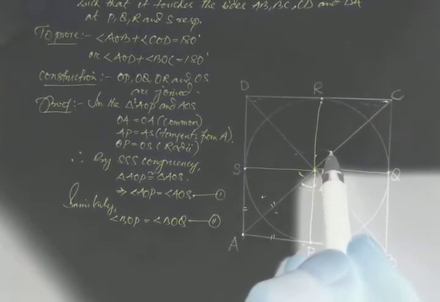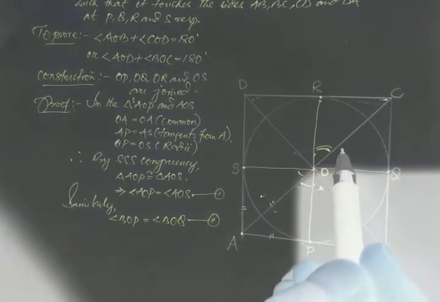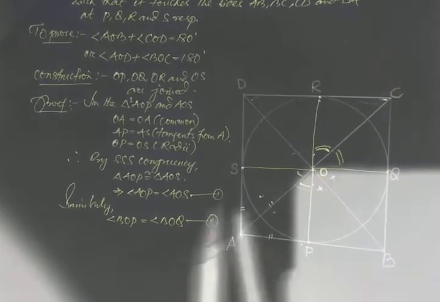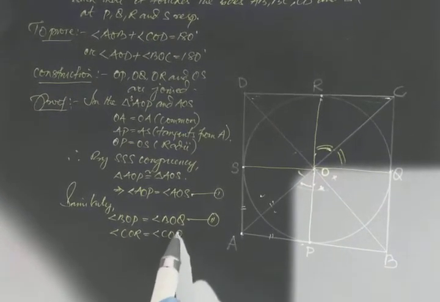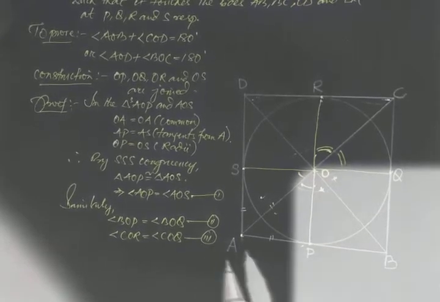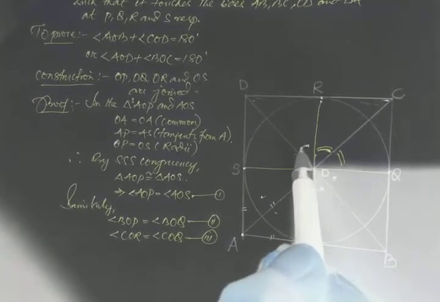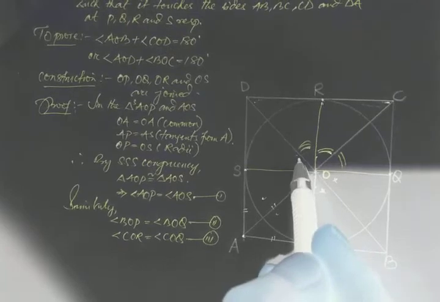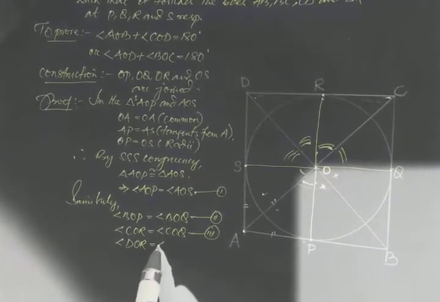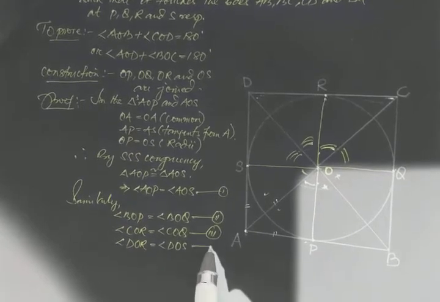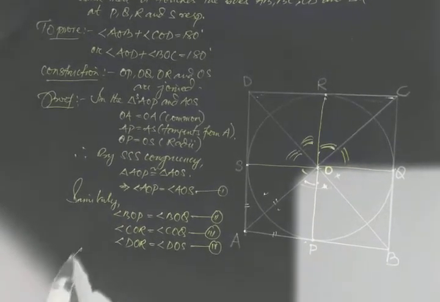Same thing here, angle COR will be equal to angle COQ. Let's call it equation 3. And angle DOR will be equal to angle DOS. Let's call it equation 4.